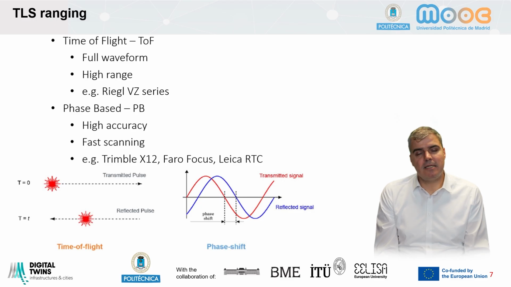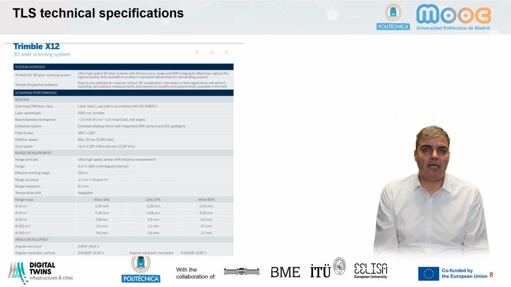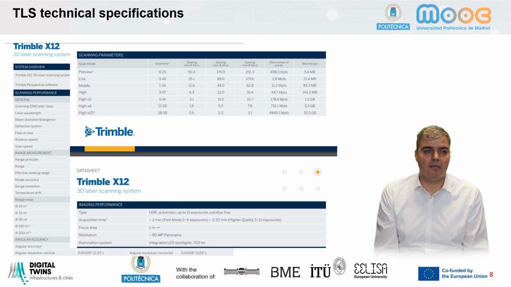But many scanners use it, with much higher accuracy, 1 to 2 millimeters of ranging accuracy, but at a bit lower measurement range, like 1 to 300 meters. So if you want to check a particular scanner, check the technical specification on the website of the scanner, and you will find the ranging accuracy, the range noise, or even the angular accuracy for different scanners. I collected some text spreads here for you.